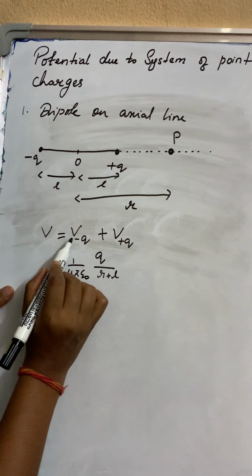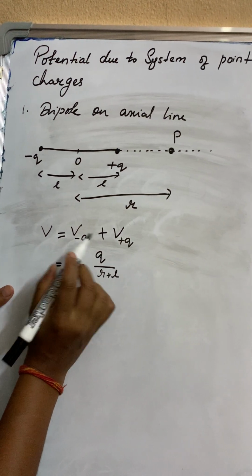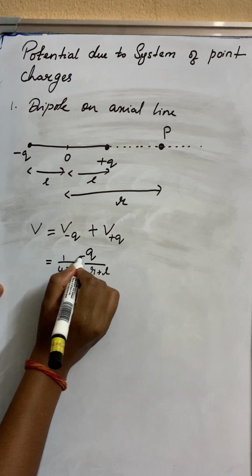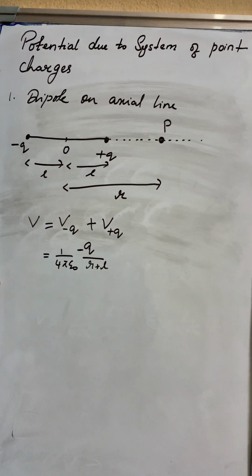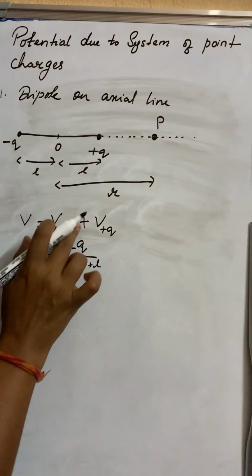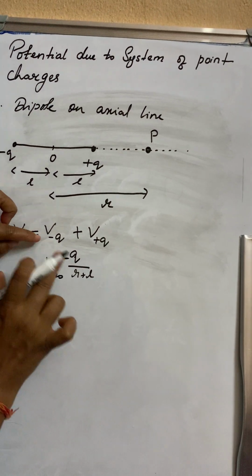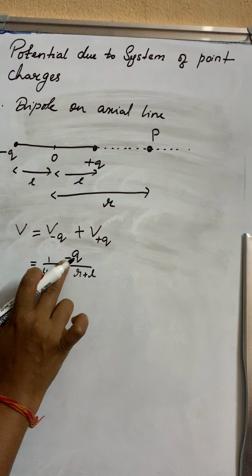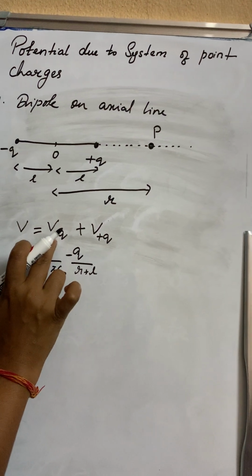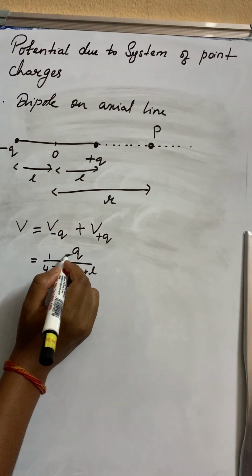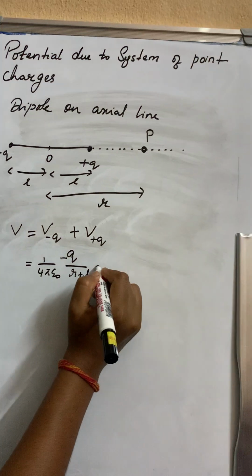Now potential is a scalar quantity. If we are dealing with a scalar quantity, then we have to put the sign of the charge. If it is a vector quantity like electric field, then you shouldn't write the sign. As potential is a scalar quantity, that's why we are writing the sign. One point to remember.